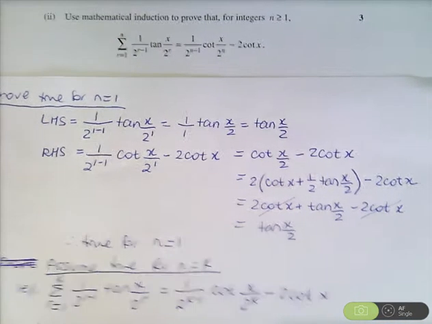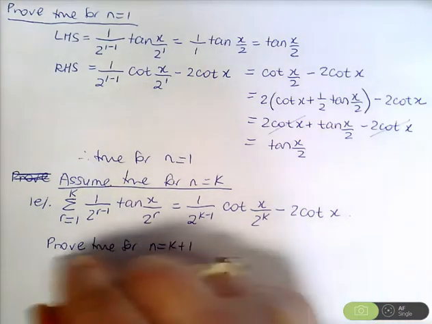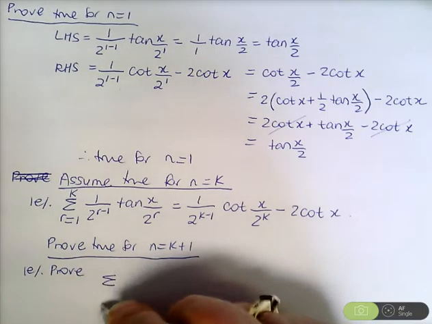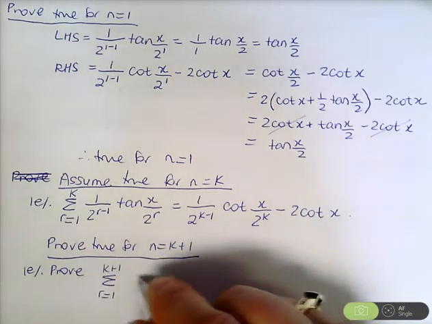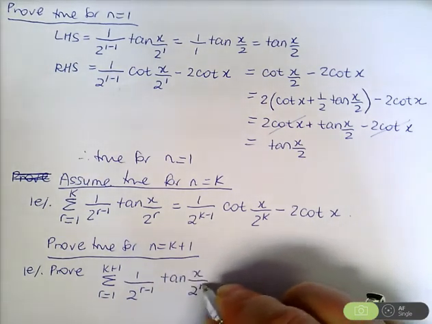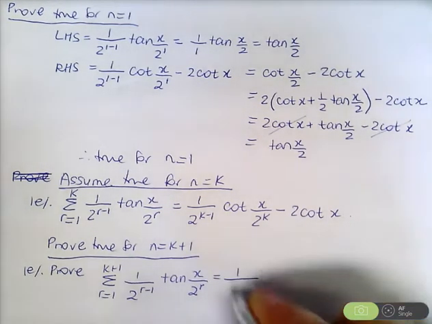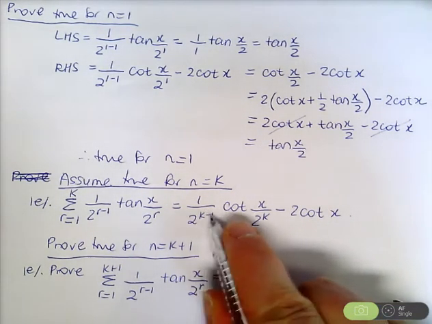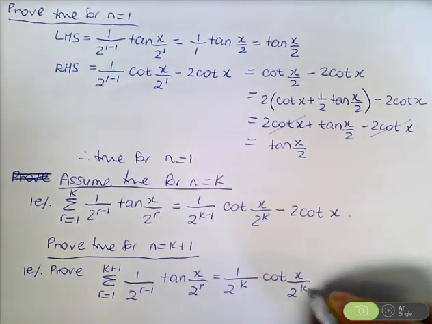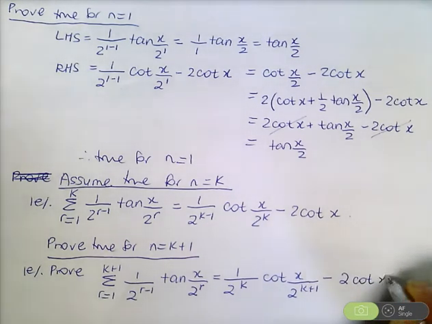And step 3 is to prove true for n equals k plus 1. That is, we want to prove that the sum from r is 1 to k plus 1 of 1 over 2 to the power of r minus 1 times tan of x over 2 to the r is equal to 1 over, now we've got 2 to the power of k plus 1 minus 1, which is 2 to the power of k, times cot of x over 2 to the power of k plus 1 minus 2 cot x.